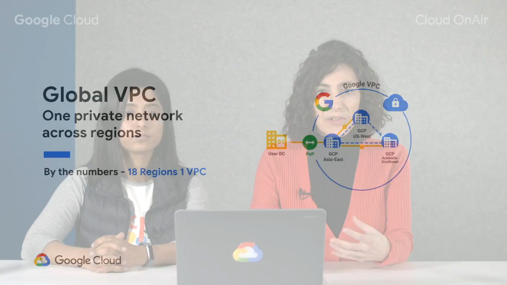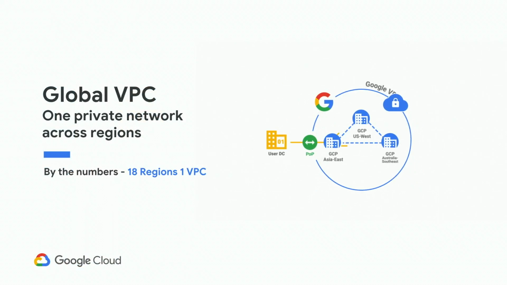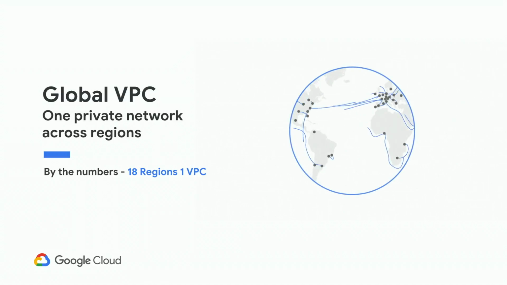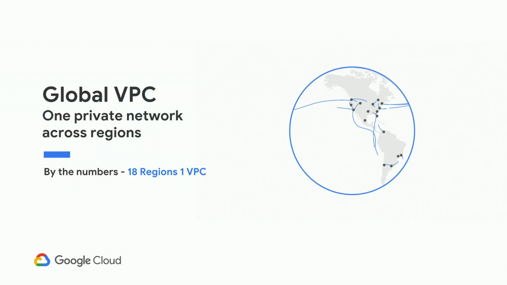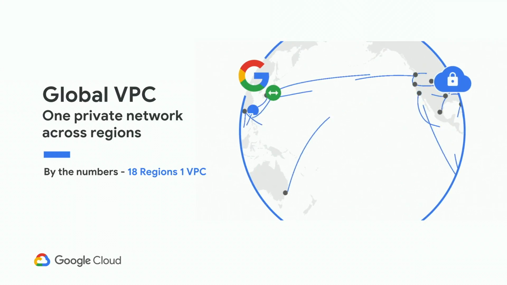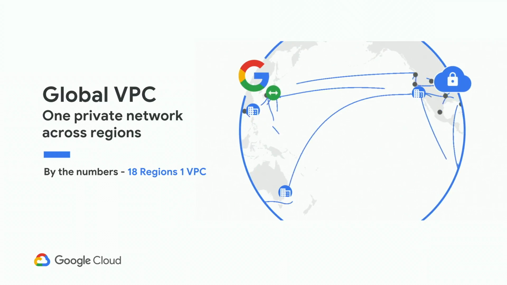As you can see, we have a global VPC that spans across all the regions and allows you to build a private single network globally across all your deployments. By the numbers, you can have 18 regions where you deploy your workloads with a single VPC that connects them privately just by coming to Google Cloud Platform.